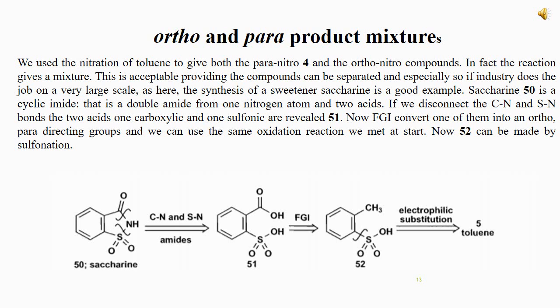Now if we disconnect the C to S bond in 52, we can get this 52 from toluene. We can do the sulfonation of toluene and get 52.